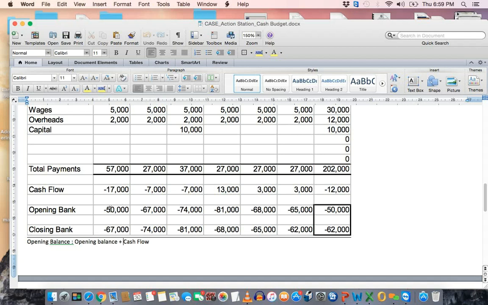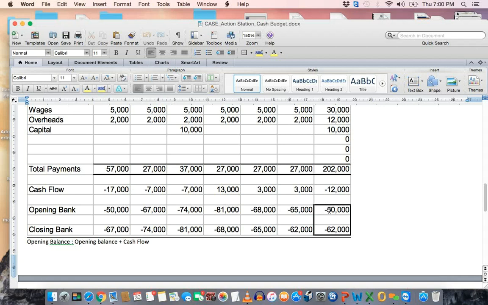So when you add this and this, it will give the 67 as the opening balance of your February. This plus this will give you the opening balance of March. That's the formula: opening balance plus cash flow will give you the opening balance of the next month.